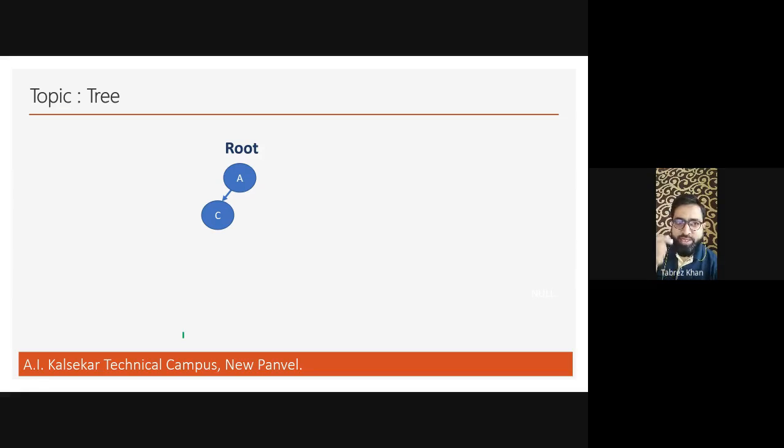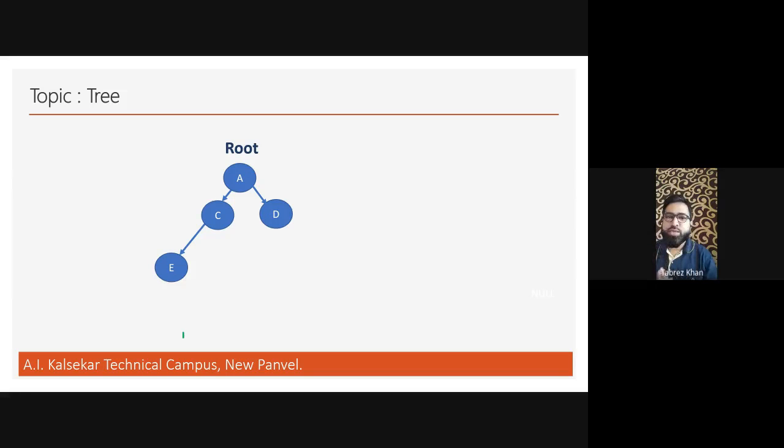So we say that there's an edge between A and C, or there is a link between A and C. Likewise, we can have a few more nodes. So I got another edge, and then another node. I got one more edge, and one more node.